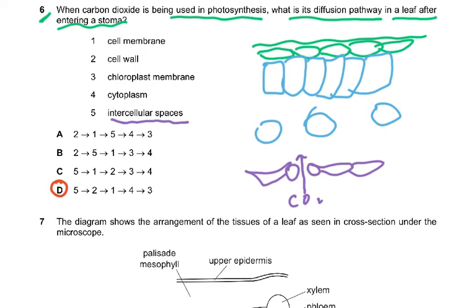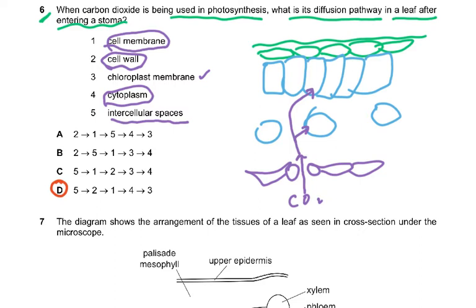And then it would enter where? It would enter one of the cell walls, either the cell wall here or the cell wall of the palisade mesophyll. So first it would be the intercellular airspace, then it would be the cell wall, and then it would be the cell membrane, which is just immediately below the cell wall, and then it would be the cytoplasm, and then it would be the chloroplast membrane.